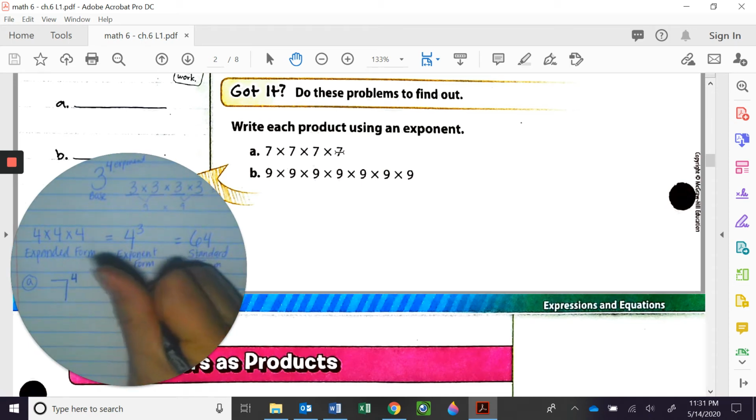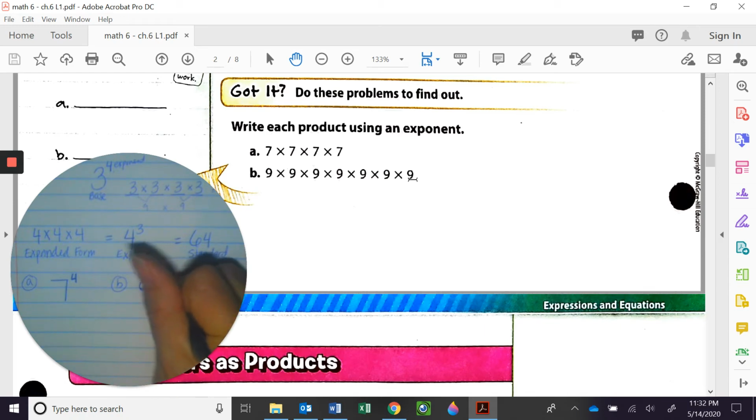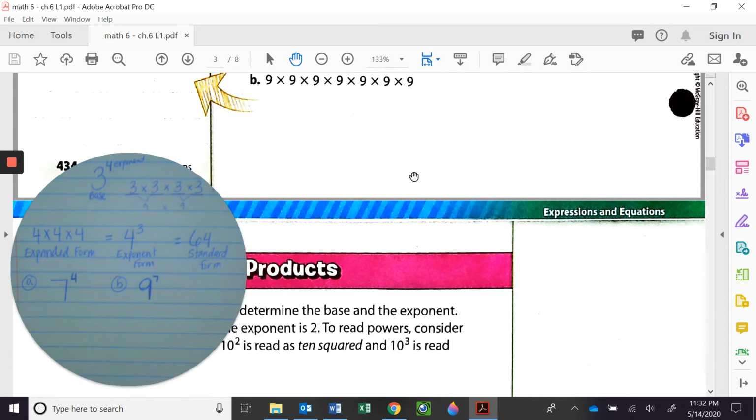Look at B. What number is being repeated? 9. So that becomes your base. Then you count how many there are: 1, 2, 3, 4, 5, 6, 7. That becomes your exponent. So 9 to the power of 7.